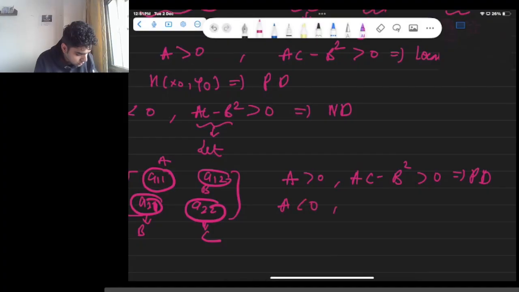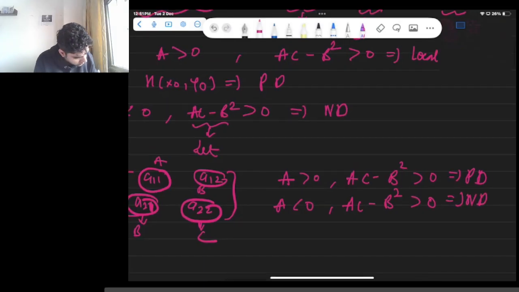A less than 0, AC minus B square greater than 0, negative definite matrix. If A greater than 0, AC minus B square less than 0, indefinite, or I would say a saddle point.